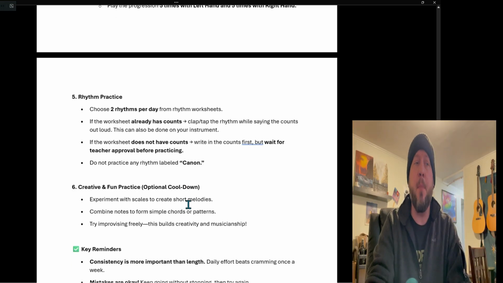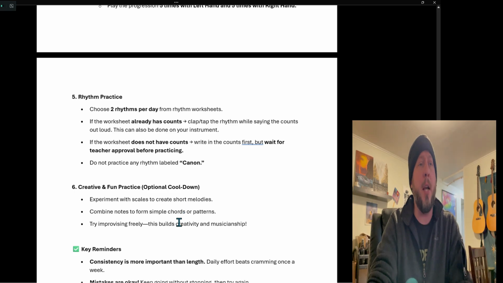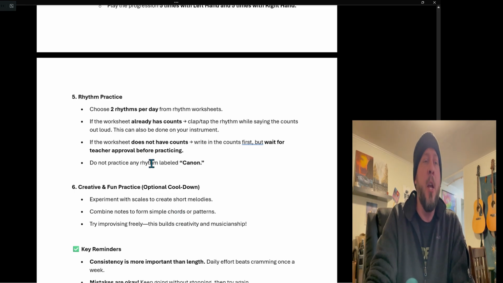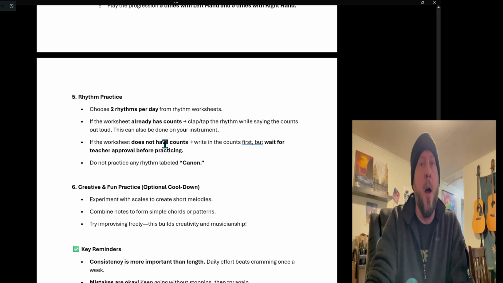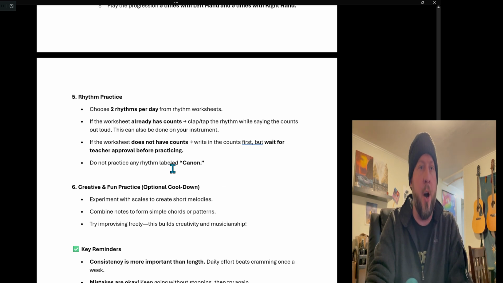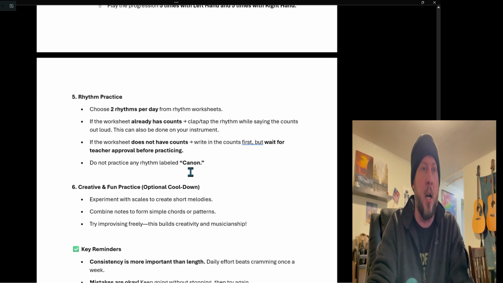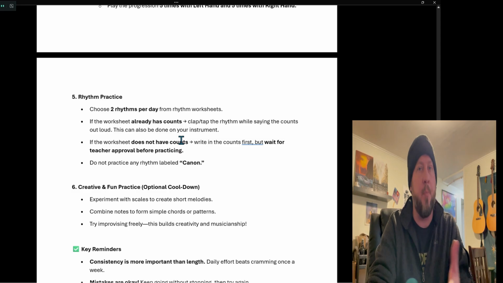Next up is going to be our rhythm practice for our daily practice routine. You're going to be choosing 2 rhythms per day from the rhythm worksheets. They're going to have a unit on them, so you can tell which rhythm worksheets this is talking about. If the worksheet already has counts in it, you're just going to start practicing that rhythm.